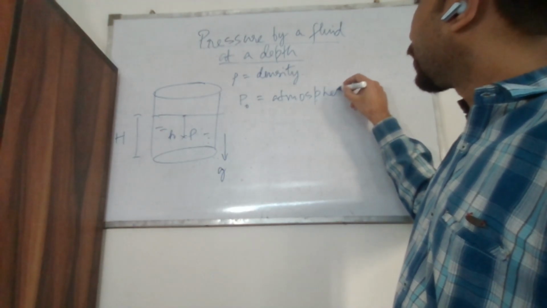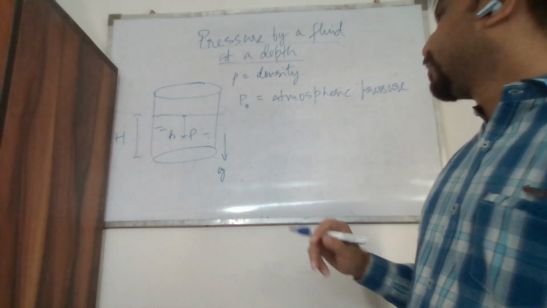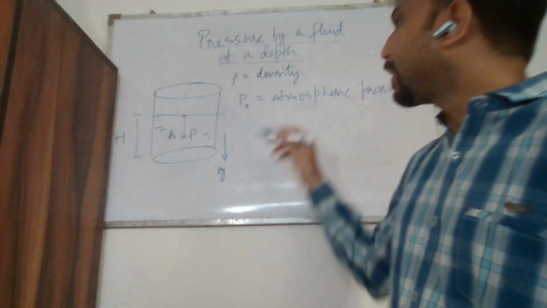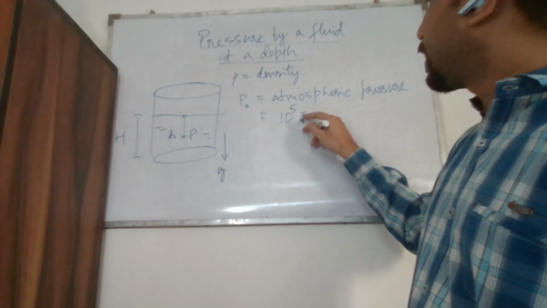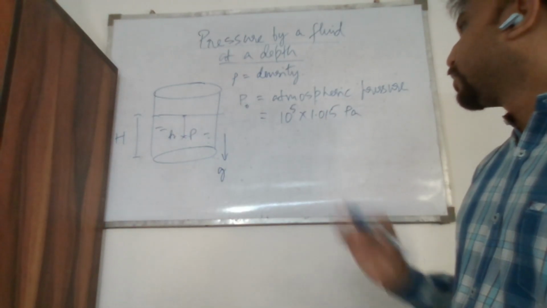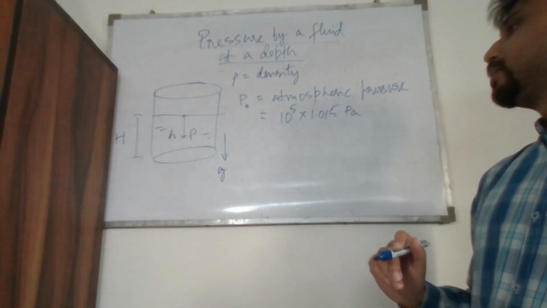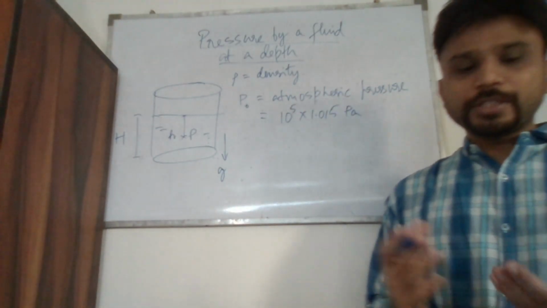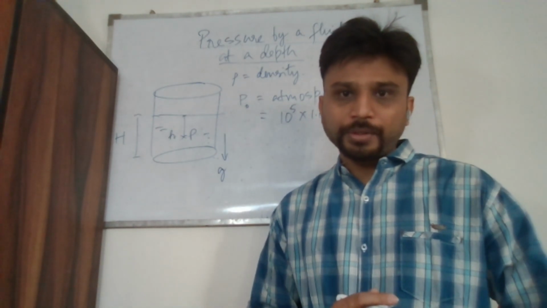This is atmospheric pressure. Its value is 1.015 times 10 to the power 5 Pascal. This is the total pressure exerted by the atmosphere on the sea level at all particles. So this pressure basically gets added up to any pressure we calculate inside a fluid.